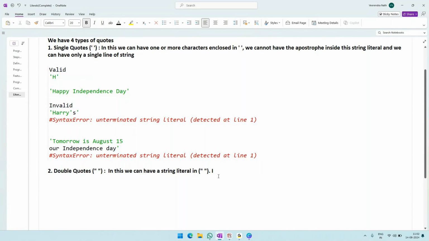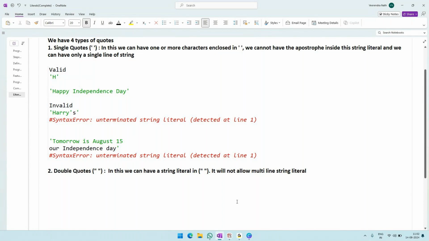It will not allow multi-line string literals. It cannot have multi-line.